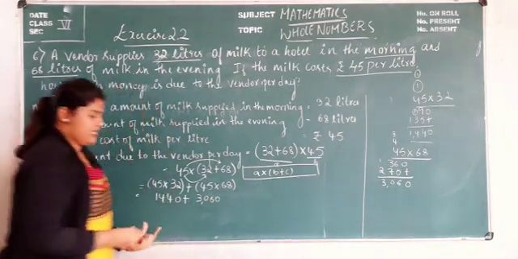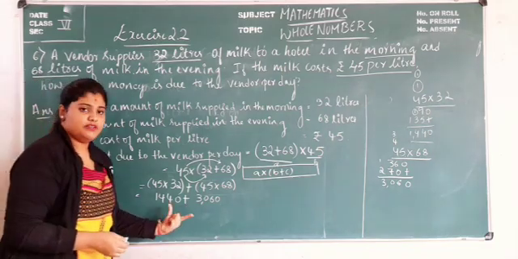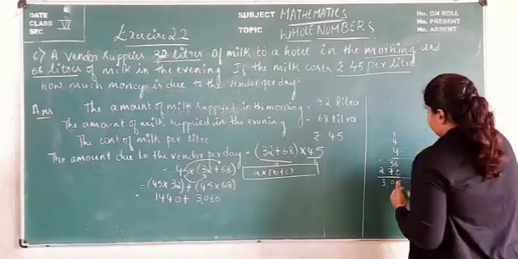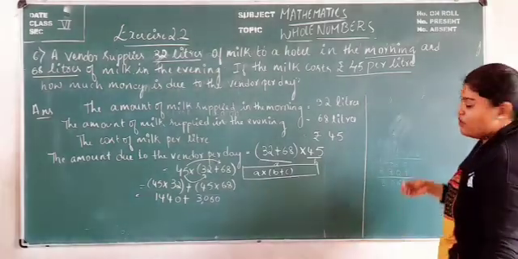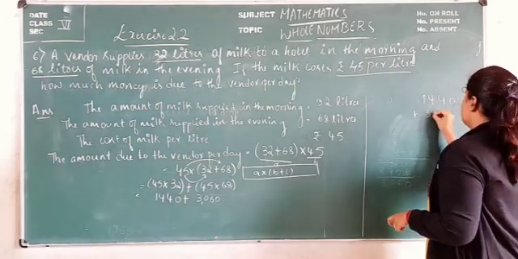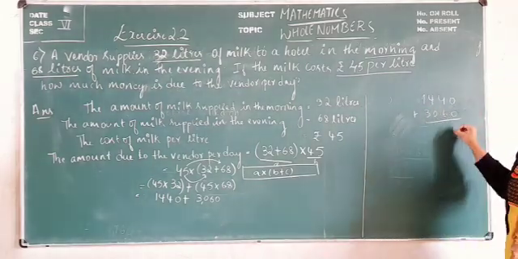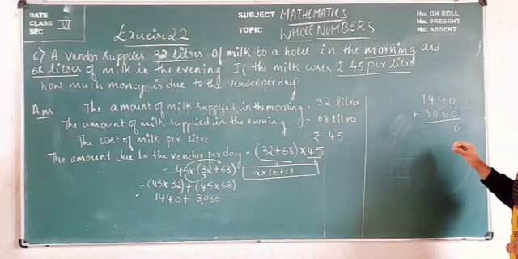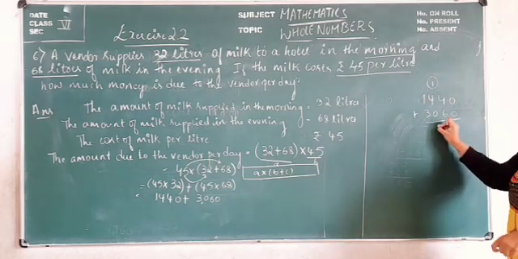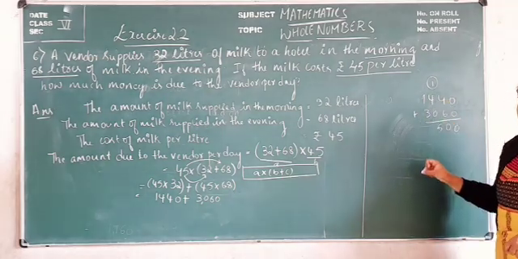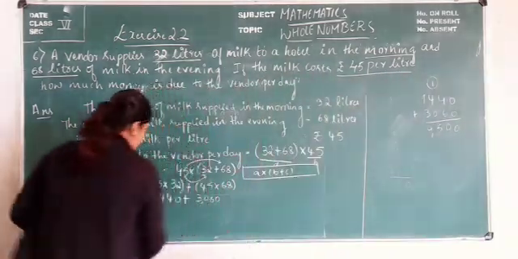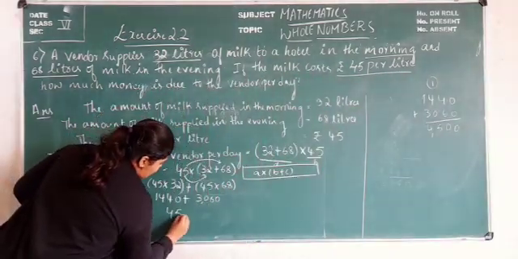3060. What is the next step? Yes, we have plus sign in between, so we have to add these two. So that is 1440 plus 3060. So 0 plus 0, 0. What is 4 plus 6? 10. So 0, 1 carry. Then 1 plus 4, 5. Then 1 plus 3, 4. So we got 4500.